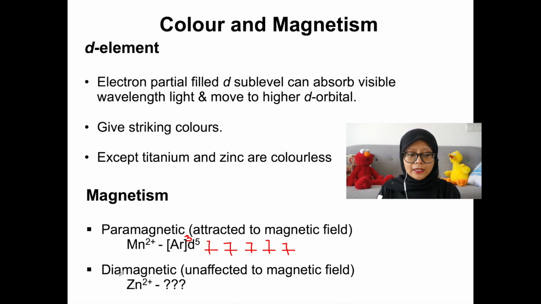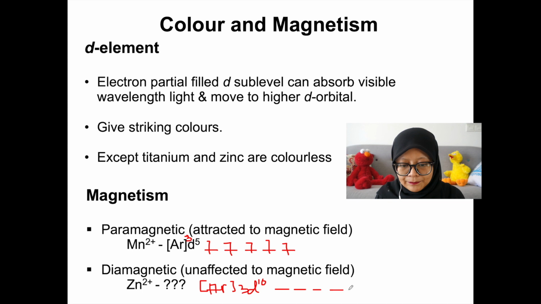While what about diamagnetic compounds or diamagnetic ions, for example zinc? The electron configuration for zinc is Ar 3d10. As you know, we have 5 orbitals for the d orbital here.